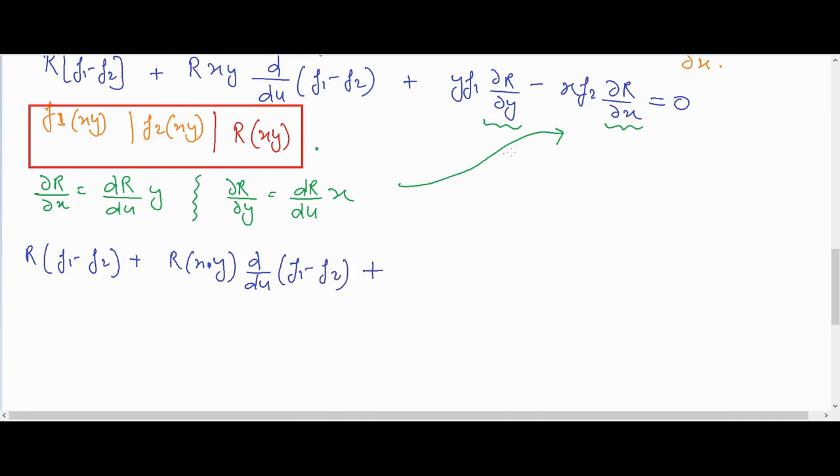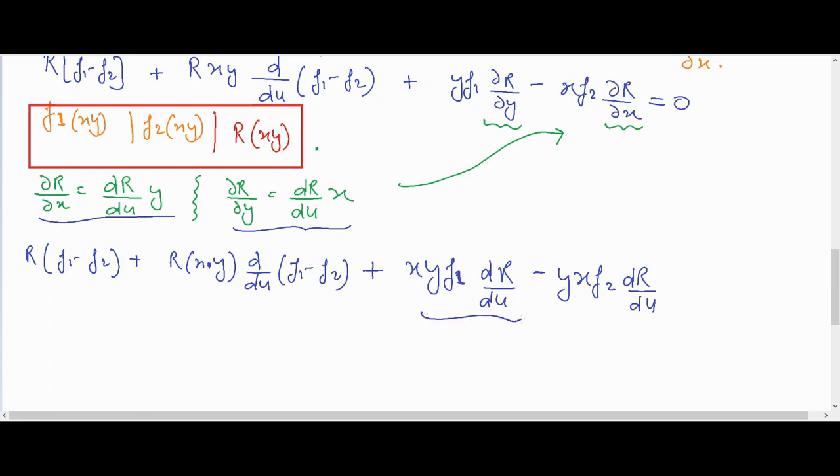And plus, now what will happen here, let's quickly substitute these equations. So we will get y f1 and del r by del y. What is del r by del y? It is dr by du multiplied by x, so let's write that x here. Then minus, we have here again x f2, and del r by del x is dr by du times y. Let's write that y here.